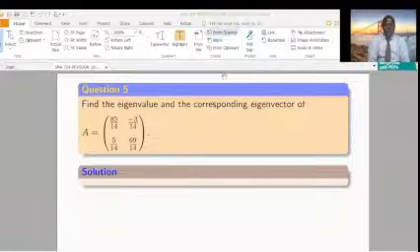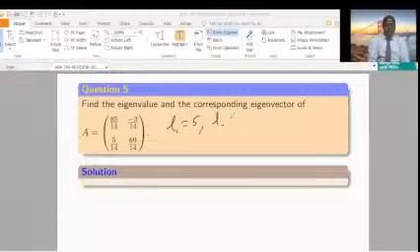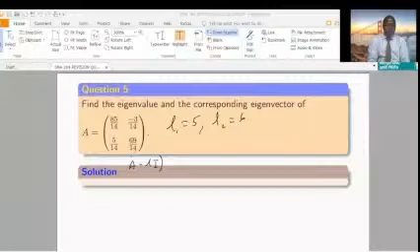Now, since we have the eigenvalues, we now find the corresponding eigenvectors. And to find an eigenvector, what we normally do is take A minus lambda I, multiply this by the eigenvector, and equate to 0.